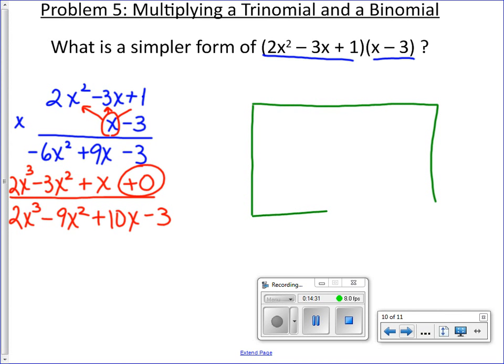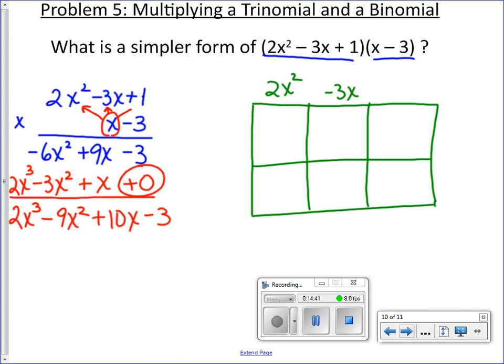What you want to do is draw a 3 by 2 table. I'll put my 2x squared minus 3x plus 1, and then my x minus 3 over here. And then again, we're going to multiply length times width, or however you want to talk about it.